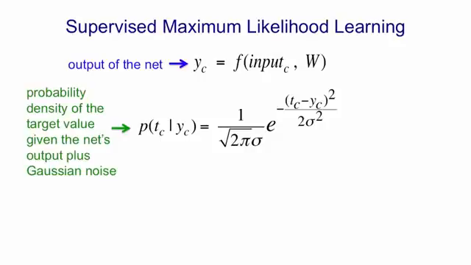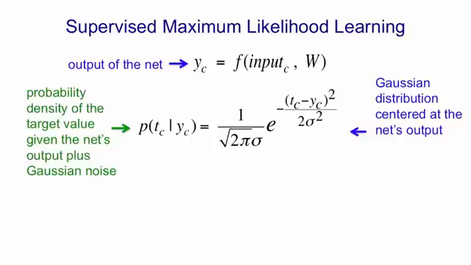So we're interested in the probability density of the target value under a Gaussian centered at the output of the neural net. And on the right here, we have that Gaussian distribution with mean y_c. We also have to assume some variance, and that variance will be important later.